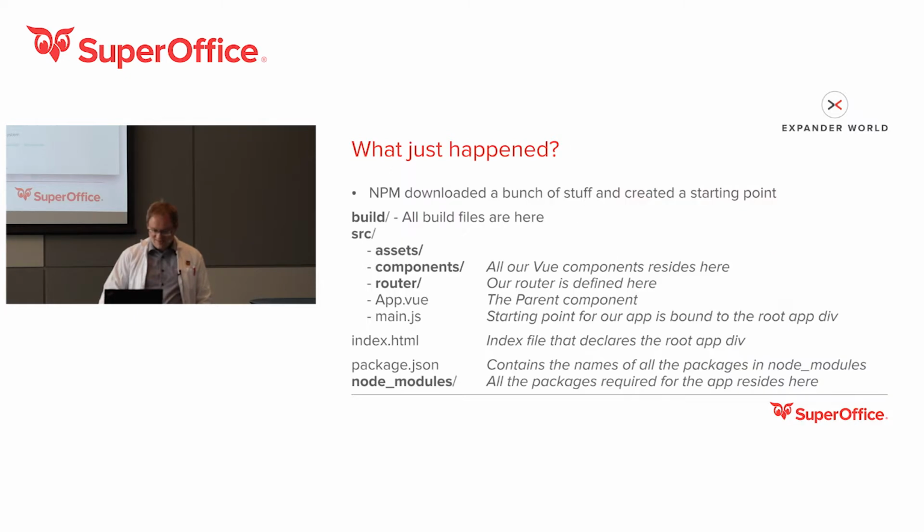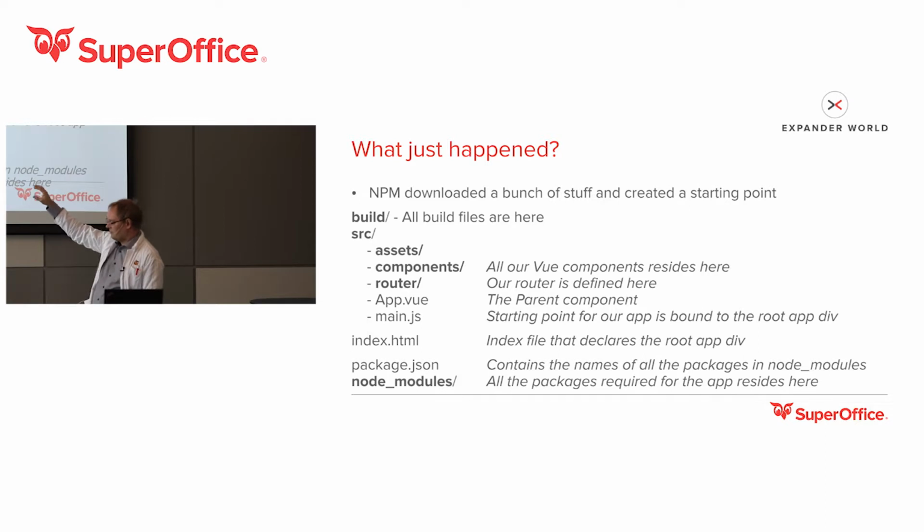So what's actually happened there is when we do init and then npm install, it's downloaded a bunch of stuff off the internet and put it into folders for us. So there's a source folder, and inside source there's a components and a router already set up.